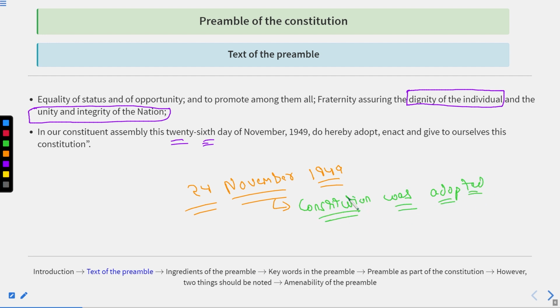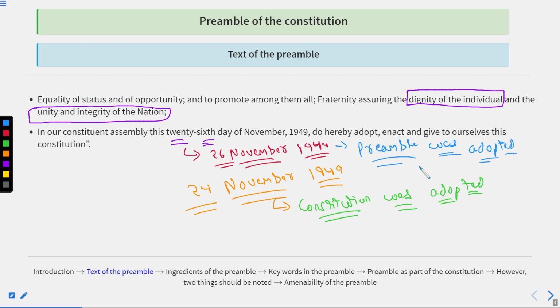Got it? Keep this thing in mind. All right. And basically, that was a day of twenty-sixth November 1949, when the preamble was adopted. Okay. So remember these details.